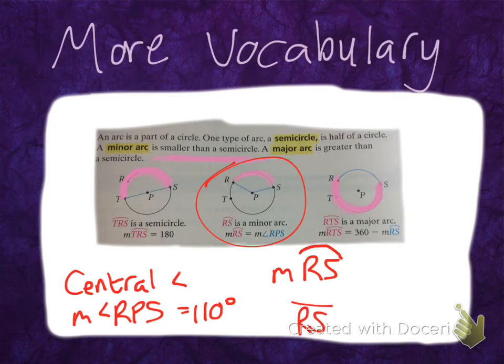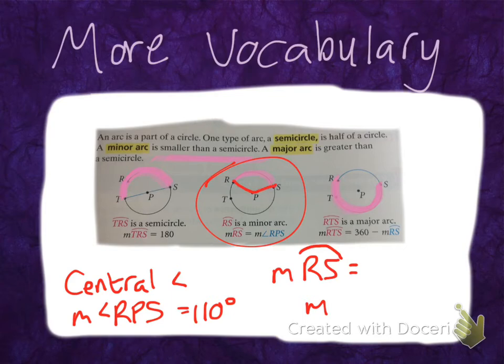Arc RS is when we go around the circle, staying on the circle specifically, and we note that with an arc over the actual letters. Okay? So the measure of arc RS equals the measure of the central angle. And what is the central angle here that forms RS?